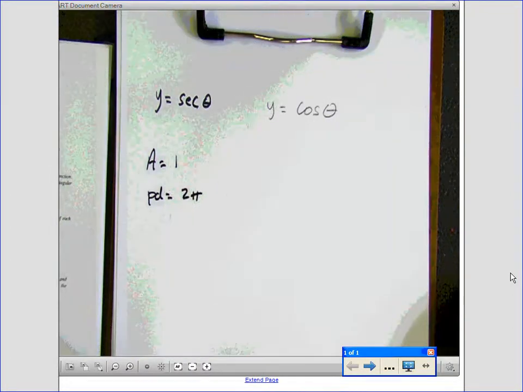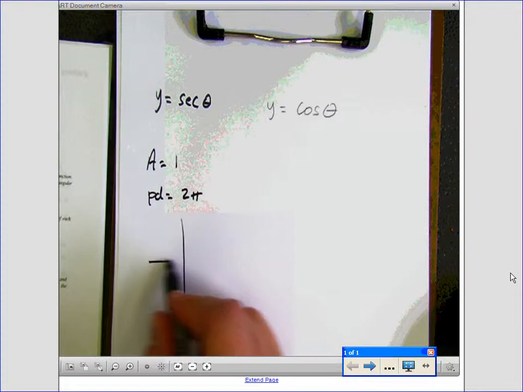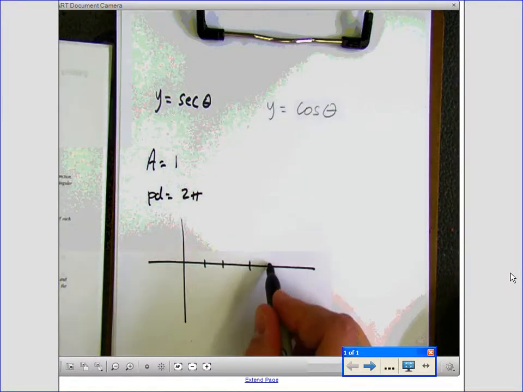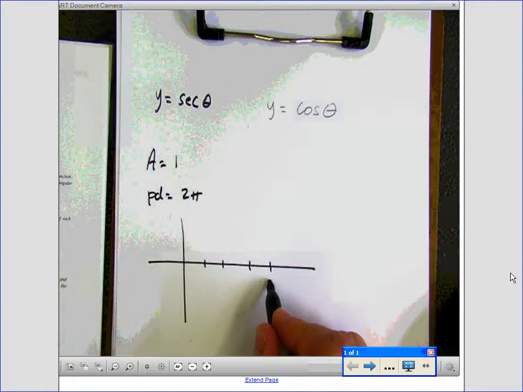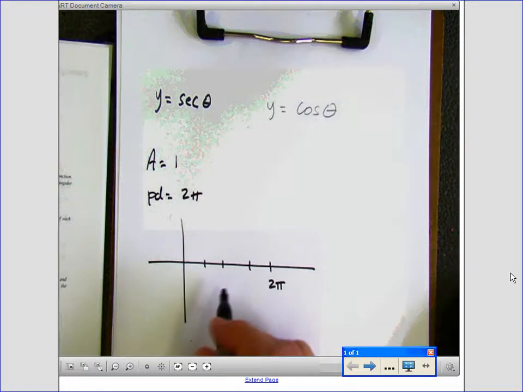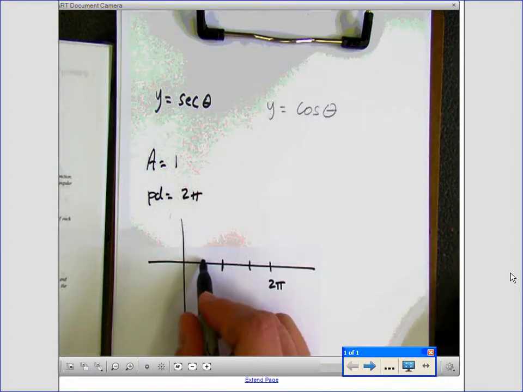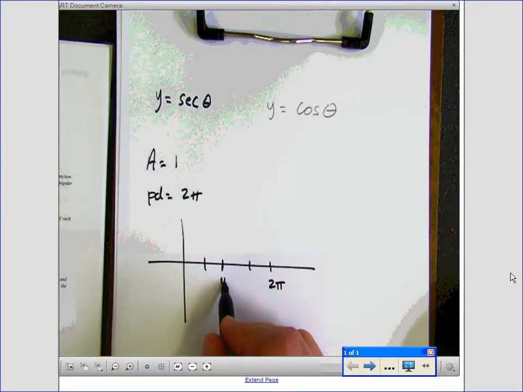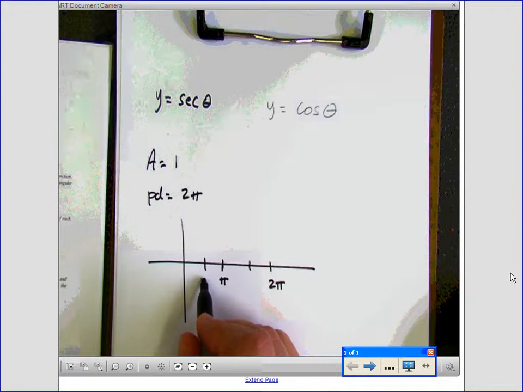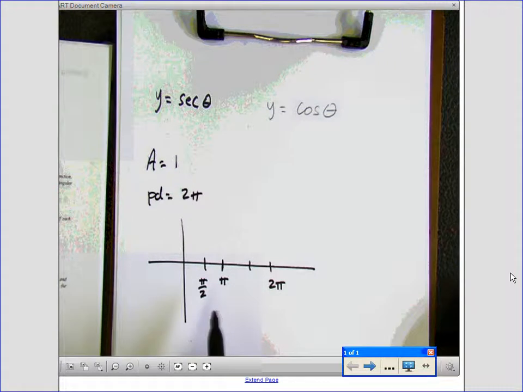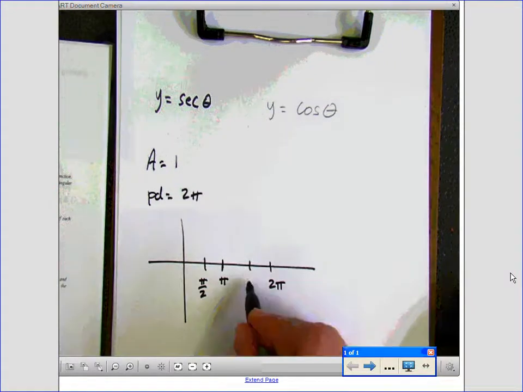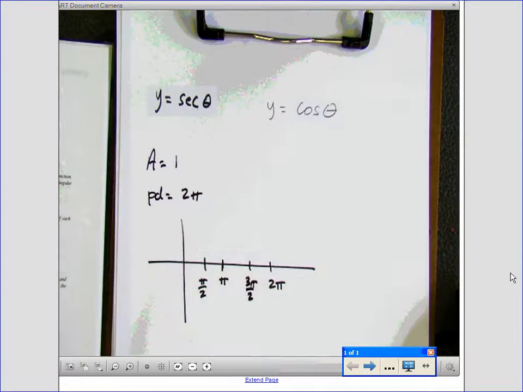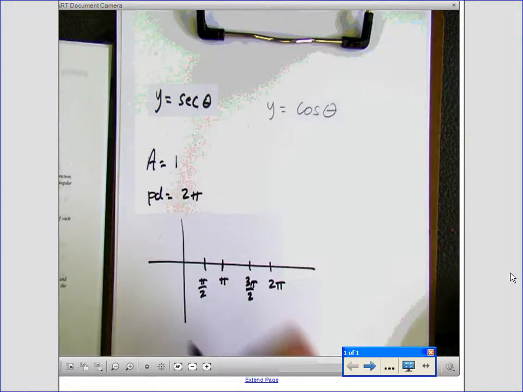Now, let me draw that graph. All right, period of 2 pi. So 1, 2, 3, 4. Now let's half. So what's half of 2 pi? Pi, and half of that would be pi over 2. So we're counting by pi over 2. So pi over 2, 2 pi over 2, 3 pi over 2, 4 pi over 2. Okay. Now, amplitude is 1.